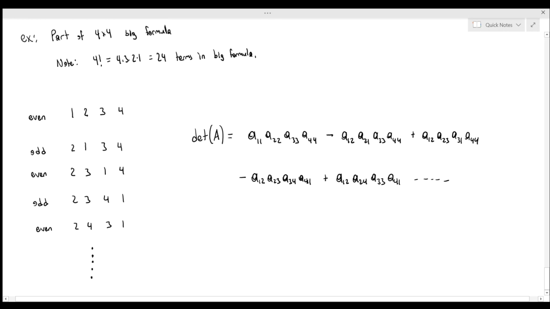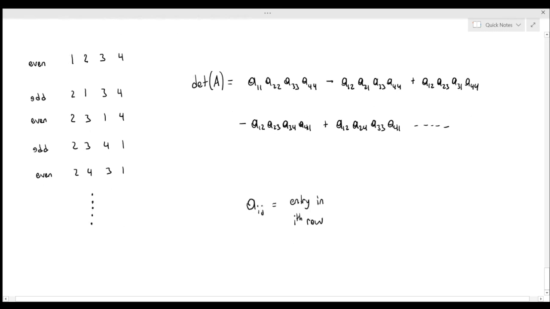Okay, so I guess in general it might be good to go over. So Aij, this is the entry in the ith row and the jth column.